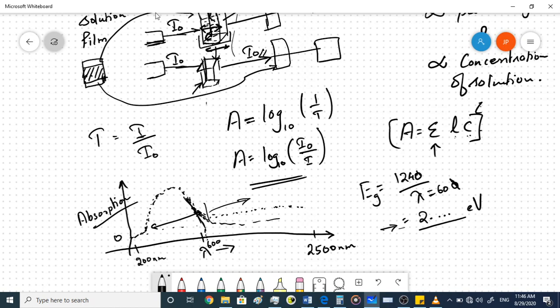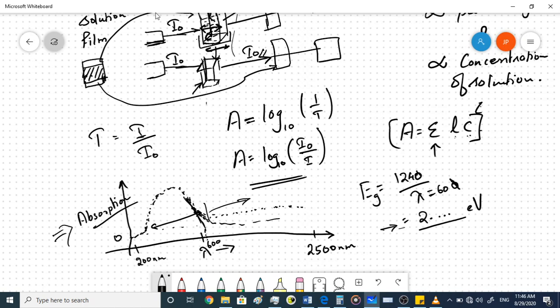You can get a rough idea of where the band gap of the material lies by looking at the absorption spectroscopy. That is another advantage of this spectroscopy, and you can also find the absorbance at various wavelengths, or how much light is being absorbed. So that is the basic idea over here.